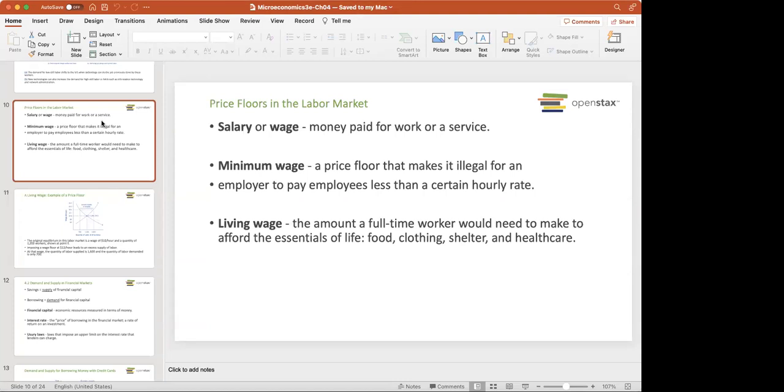I want you to think of a challenge that you think would make it difficult to define a set living wage across the nation.